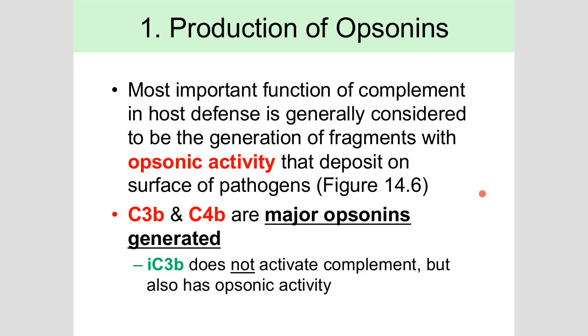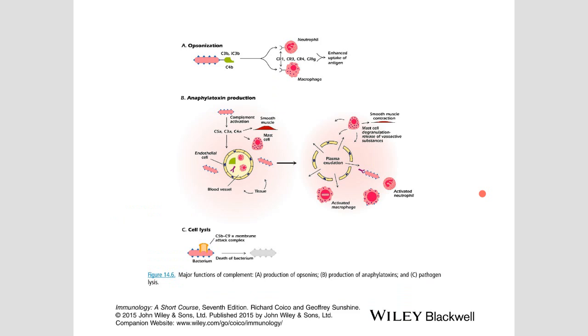Also keep in mind that some of the things which are important, like C3bi, do not activate complement, but they also have an opsonic activity. That's what you see mostly with the antibodies. So production of opsonin is number one.